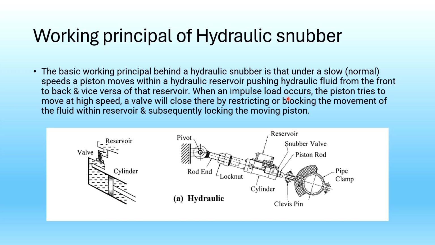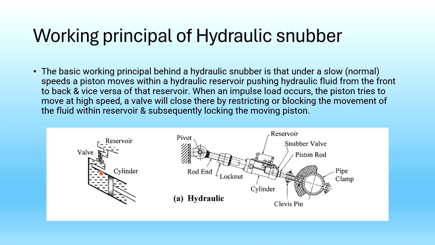But when an impulse load occurs, a sudden jerk as we call it, the piston tries to move at high speed, and a valve will close, thereby restricting or blocking the movement of the fluid within the reservoir and subsequently locking the moving piston. When a sudden impulse force acts, the motion of the piston will be very fast, and this will create high velocity in the valve.